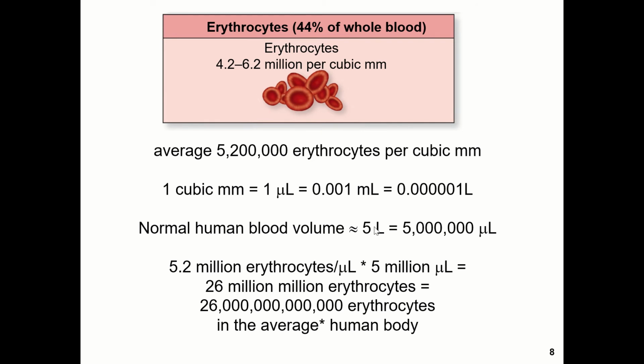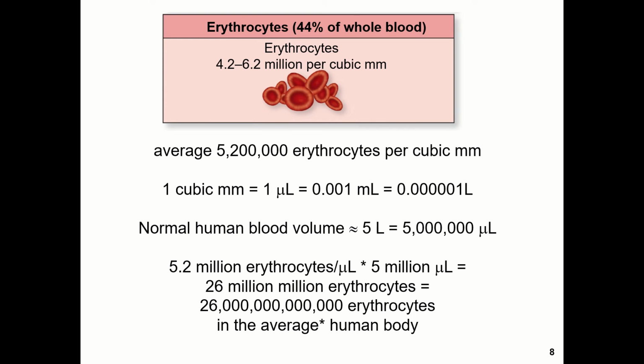The average human, for anatomical and physiological measurements, is a white male of European descent. So this average human is not actually the average human that exists on the planet. The most common human on the planet is actually an Asian female who has a lower blood volume because she is a smaller human being.